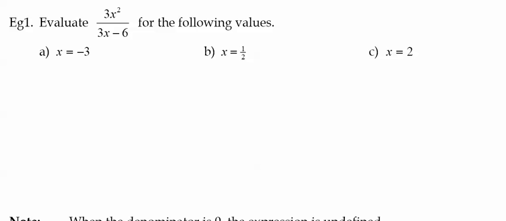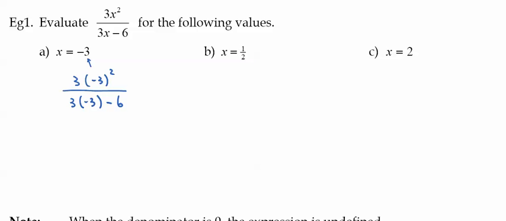Starting with the rational expression 3x squared divided by 3x minus 6. If I want to calculate the value of this expression using this number, all I need to do is plug in the value and replace all the x with the value indicated. They want us to use -3 for x.